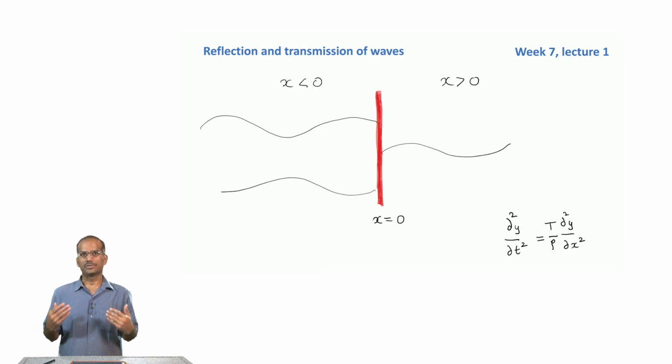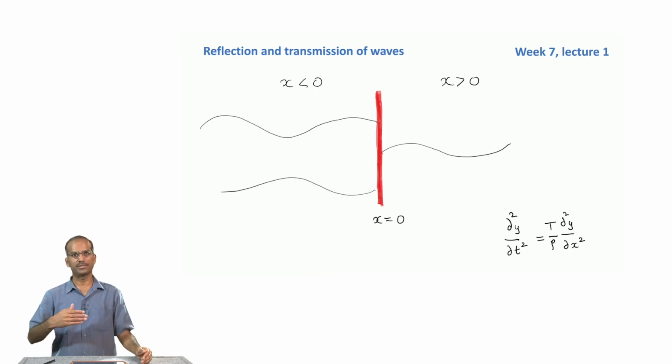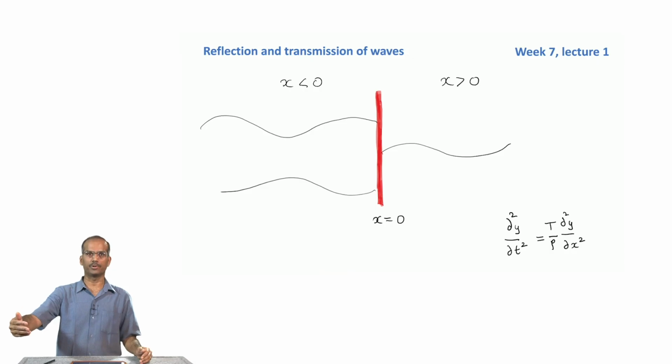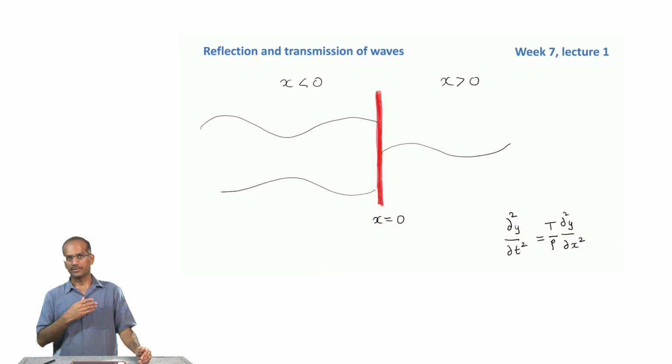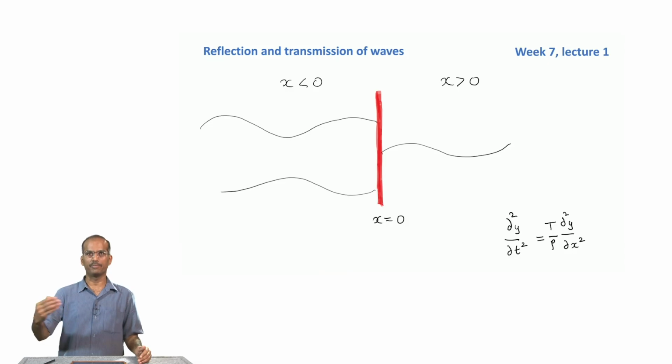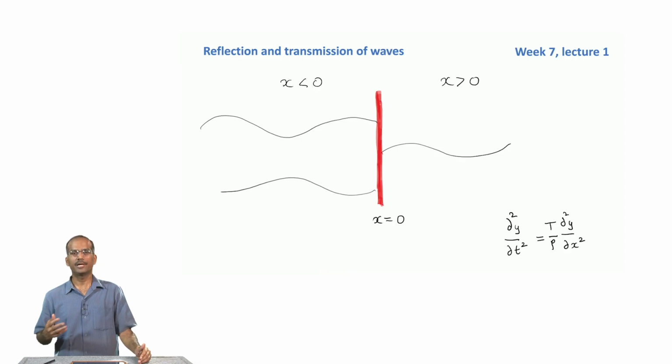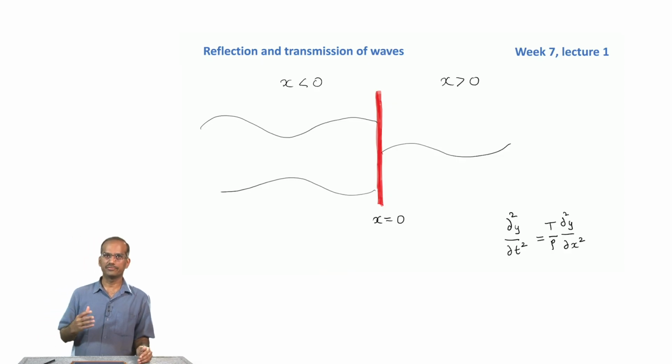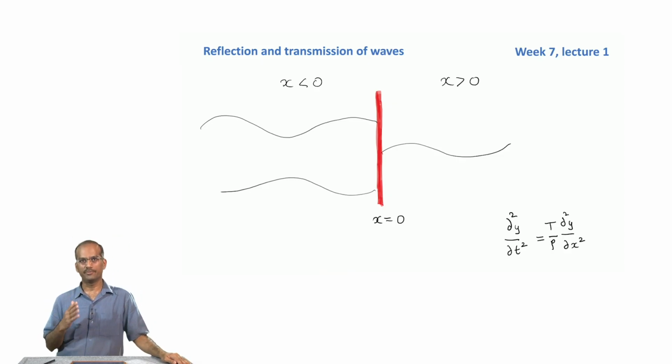But there are many examples. For instance, routinely we will have to discuss things like what happens when light travels from one medium to another, or when sound waves travel from one medium to another. So, these are typical examples of when waves do meet the boundary between two different media, and they do travel from one medium to another medium, and there is also often, when such a thing happens, a reflection back into the first medium itself.